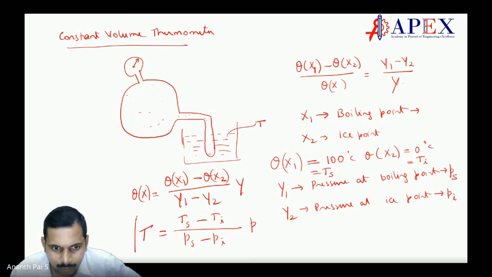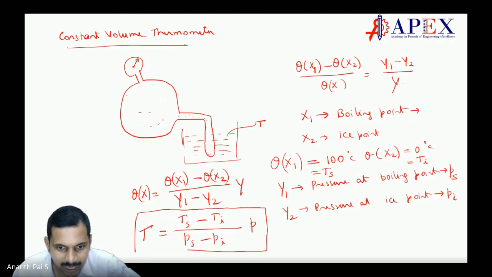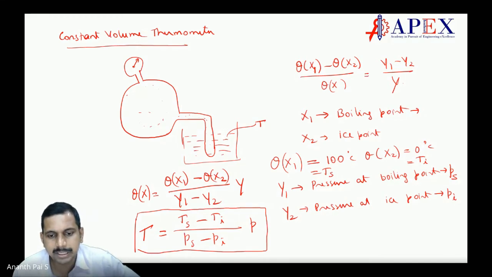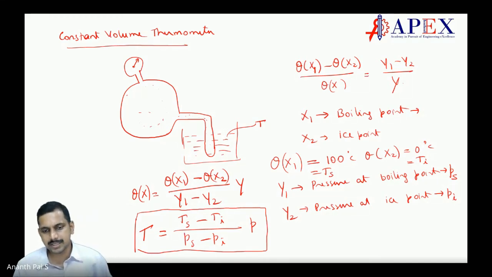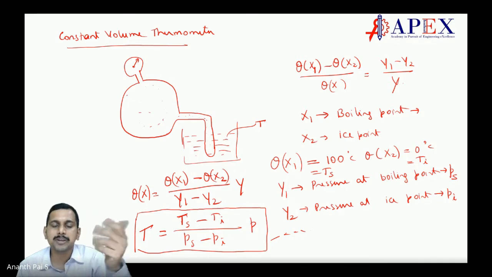T is equal to TS minus TI divided by PS minus PI, into P. Make sense, students? Write this down. It is the temperature at steam point minus temperature at ice point, divided by pressure at steam point minus pressure at ice point, multiplied by P, what we measure somewhere else.